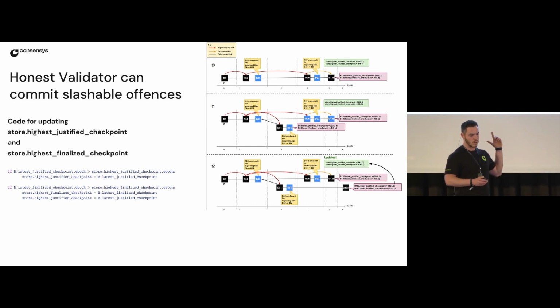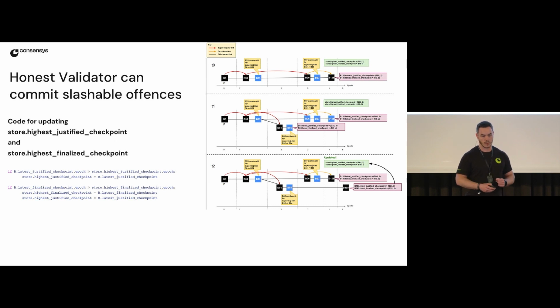Now, in the code on the left-hand side, you can see what the fork-choice spec used to have encoded as a rule to update the latest justified and finalized. The rule was, if you see a block with a latest finalized that is higher than the previous one, you update both the latest justified and the latest finalized.